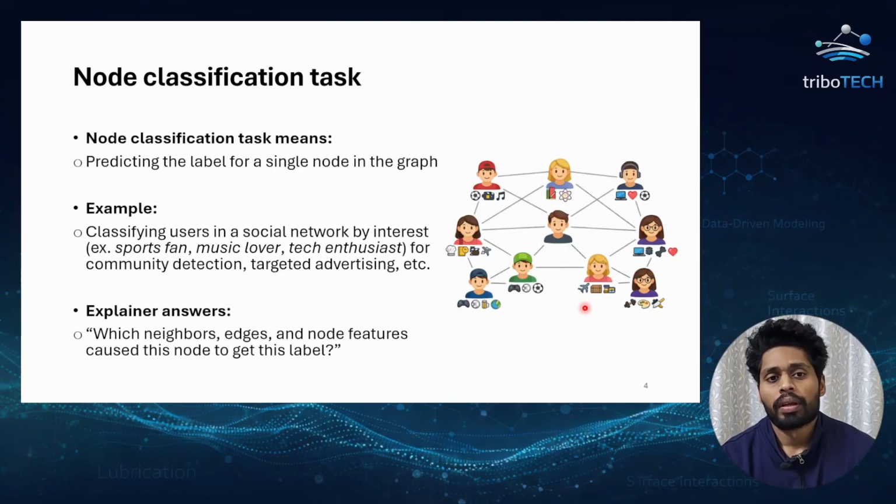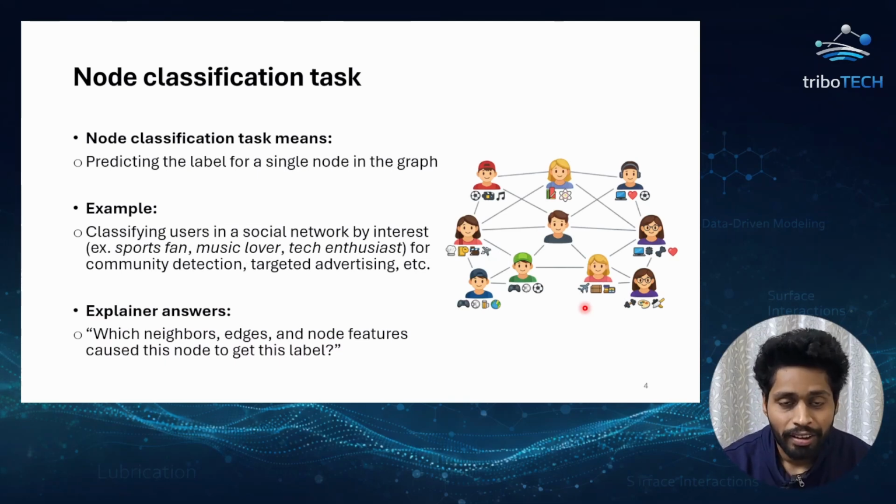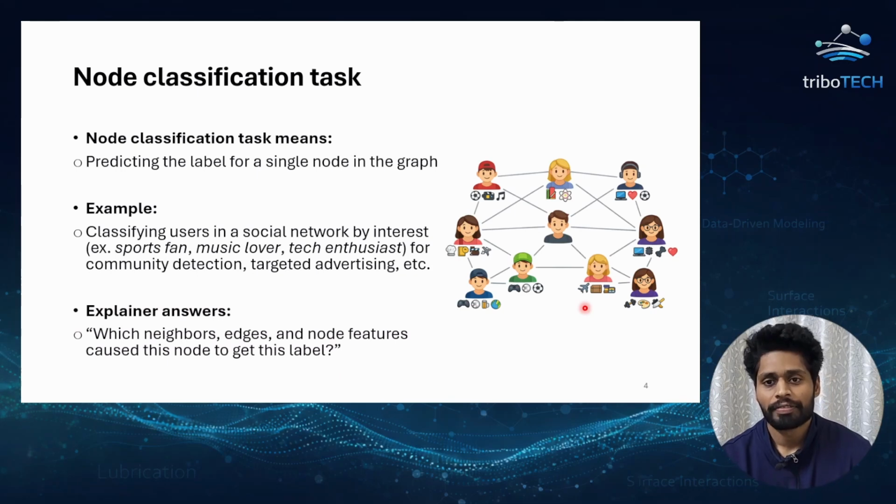Now, node classification task means that the model is interested in predicting the label for a single node in the graph. Now, as an example, if we consider this social network where the users have some interests or hobbies like sports, like music, like gaming, like traveling, etc. So the objective of the graph machine learning problem here is to figure out the interest of a user.